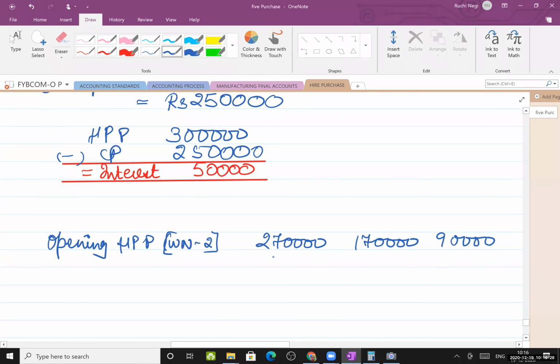ठीक है, अब इसका रेशियो निकालो. ओके स्टूडेंट्स, कैलकुलेट द रेशियो ऑफ दिस. So 4 zeros get cancelled.